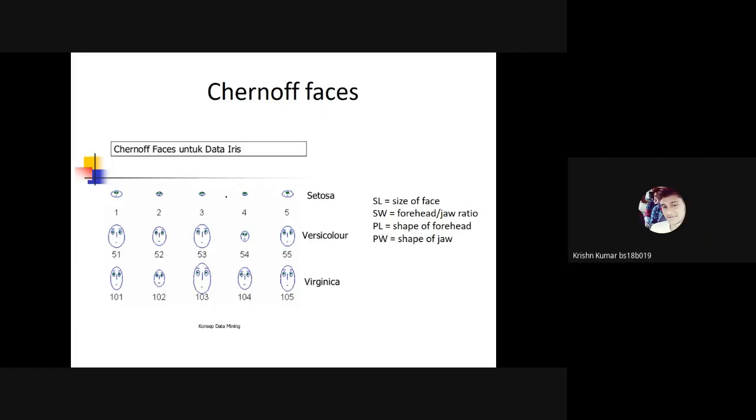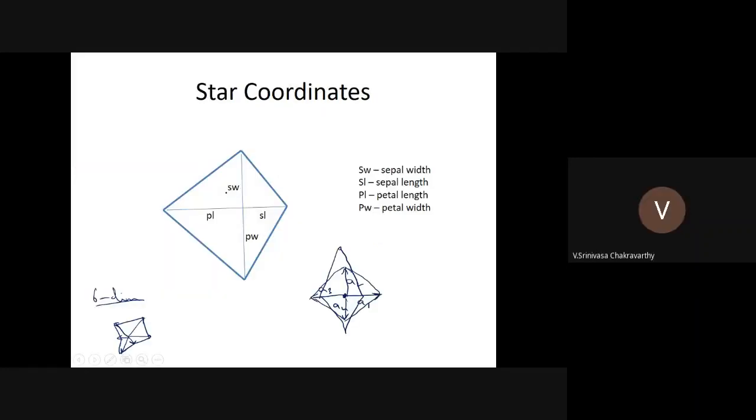Sure. Can you go to the previous slide? How do we get this line? This is the last point for that particular axis, right? Let us say you have 4 attributes. You have 4 numbers: A1, A2, A3, A4.